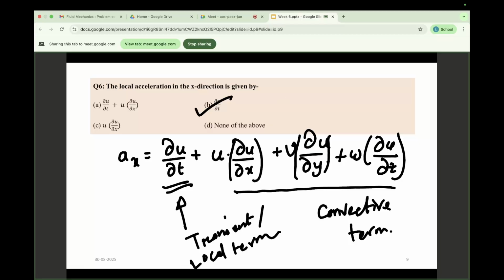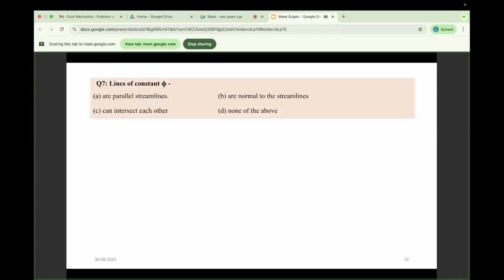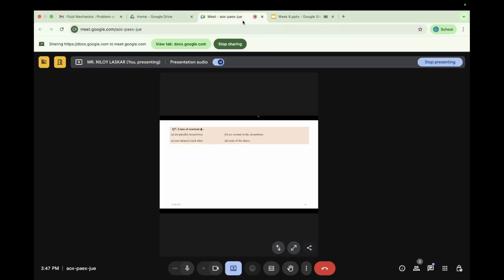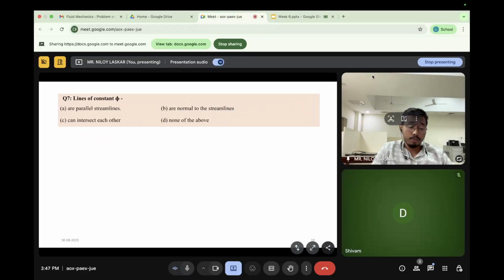So that is up to this question. Next, I'm moving to the next question. The question is about the line of contact, and there are four options. So please have a look. Check and let me know if you will be able to answer this one. I'm also giving you another minute.